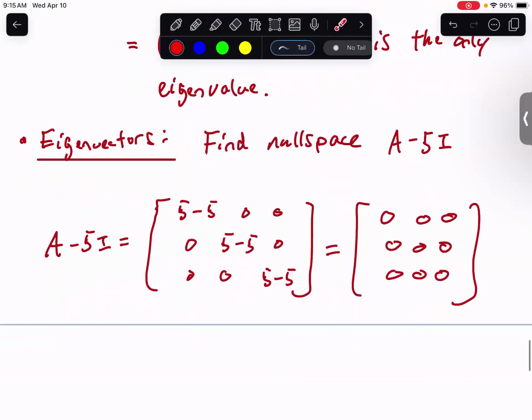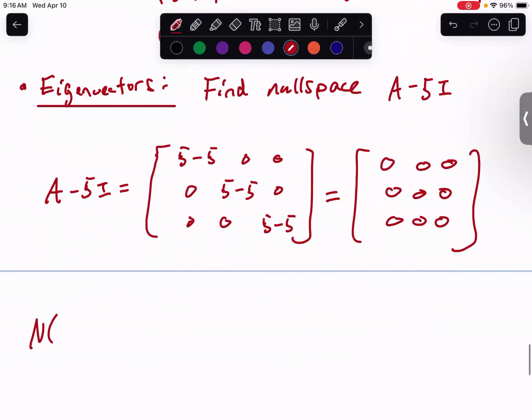And so if you want to find the null space of A minus 5I, what's the 0 matrix? It has a 3-dimensional null space because we don't have any free columns. So the null space is just all of R3, right? So the null space of A minus 5I is just equal to R3.